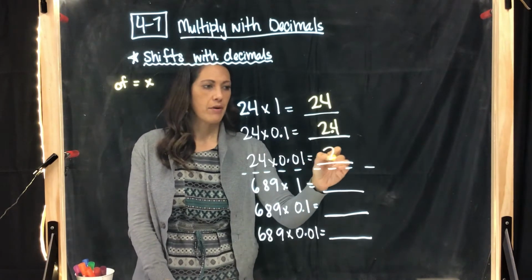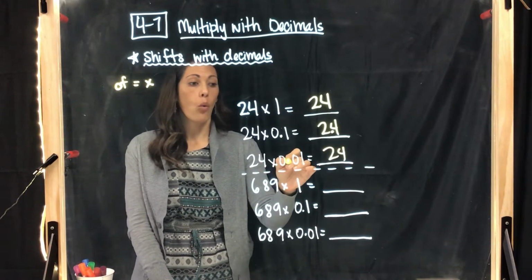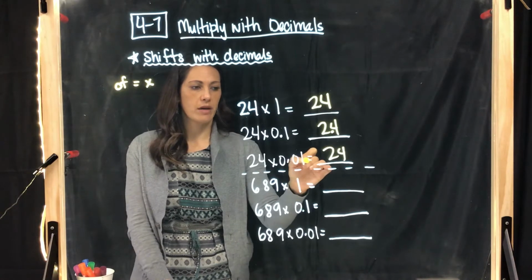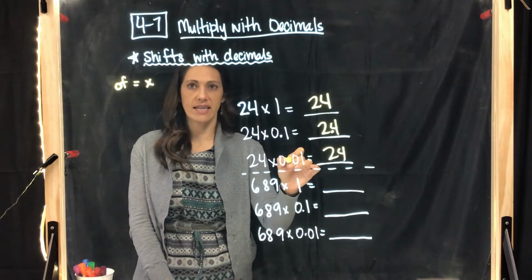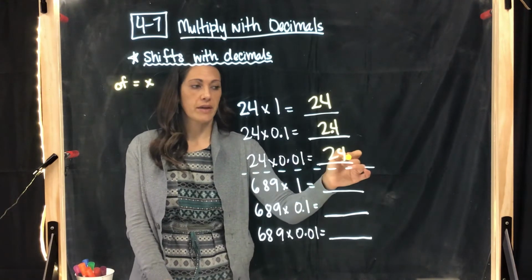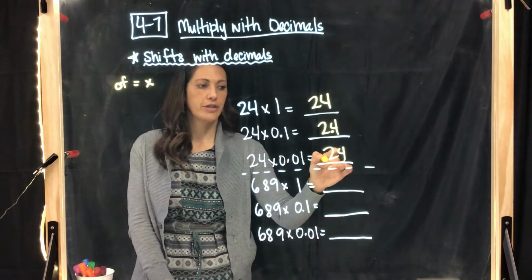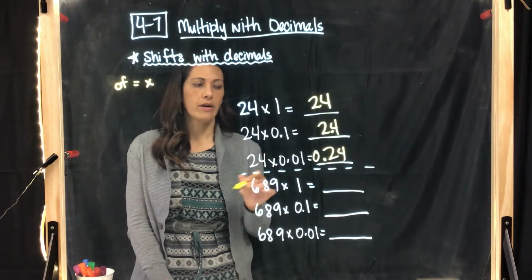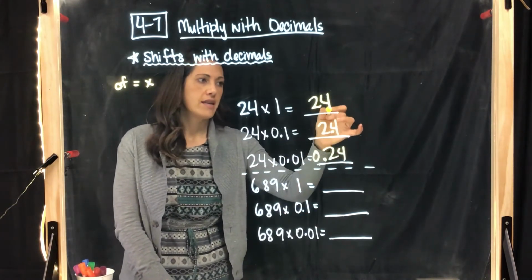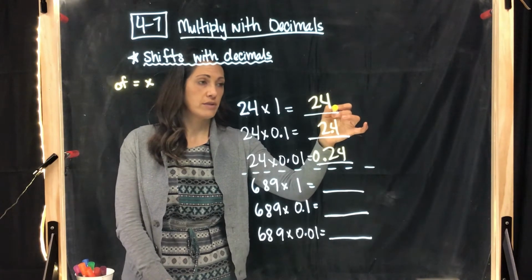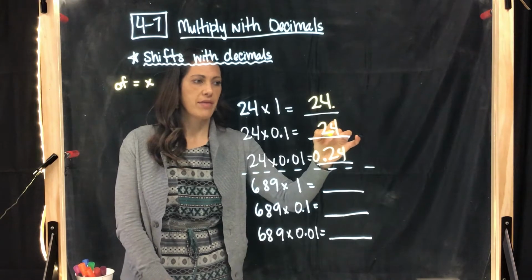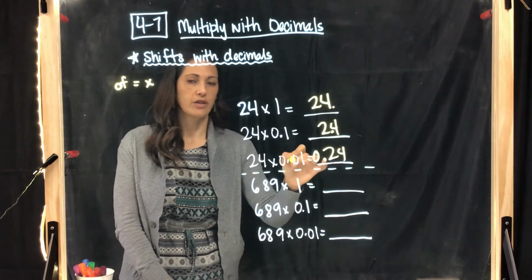Again, I'm gonna write my number down for 24 times 1/100th, and I'm looking at the back end, and I count how many spots it takes to get to the decimal, which is 2. So I'm gonna come in from the back and go 1, 2. And I'll add a 0 to make that look nicer. So if you notice, the decimal, if you don't see it, is at the end, and it moved 1 spot for the tenth, 2 spots for the hundredth.